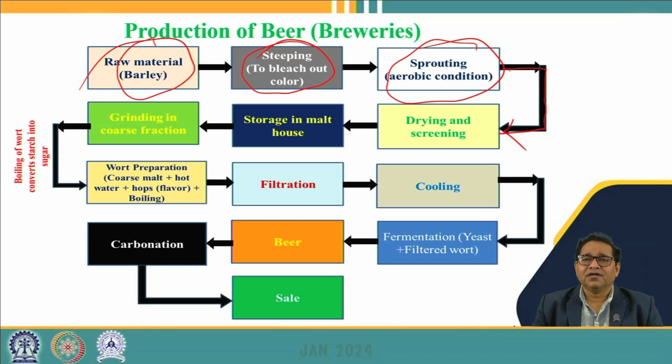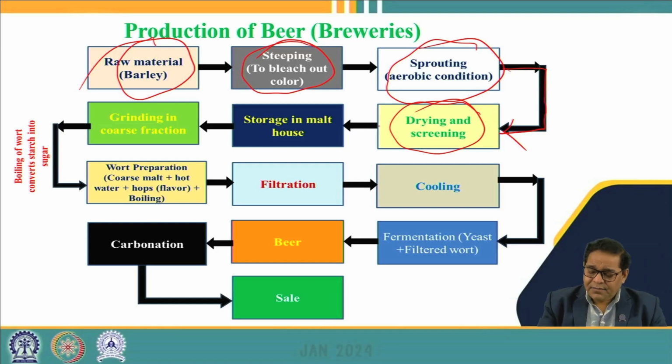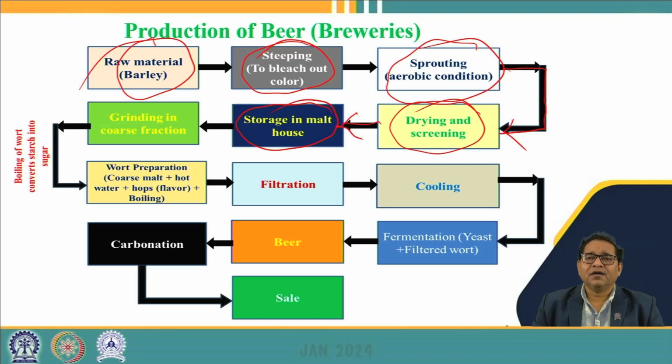They are dried, and then screening is done to remove the coarser sprouted grains, and finally the sprouted grains are stored in a malt house. This is the process used to convert the raw materials into ready material for fermentation.